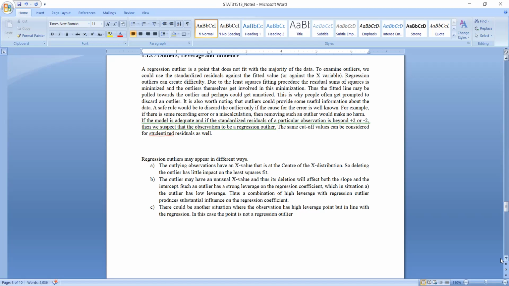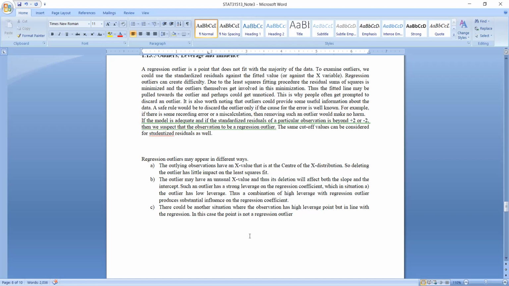And sometimes when you just check the leverage value, this leverage value is something which gives you a hint whether the observation is an outlier or not. And if this leverage value is very high, that is, your observation is an outlier. But when you check this leverage, sometimes it's a very big value, but even though it's a very big value, it has no impact on the data set.